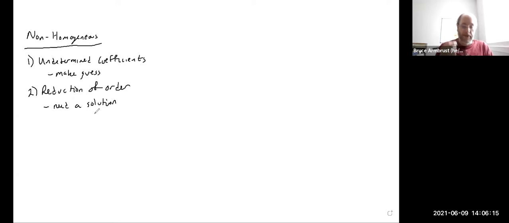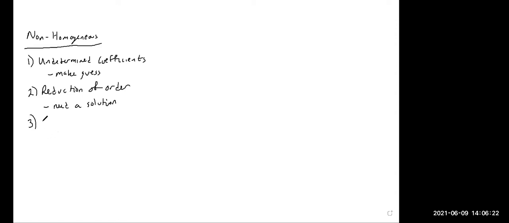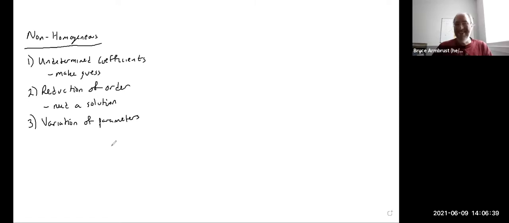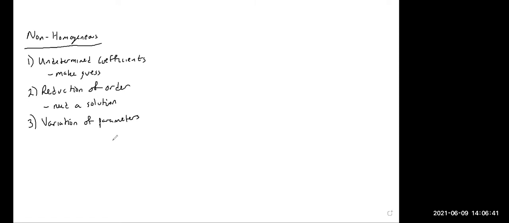Now, that was the second thing we did. And then you guys remember the other one we did? Variation of parameters. Yeah, that was the name of it. It was variation of parameters. And what was that one? You need two solutions.